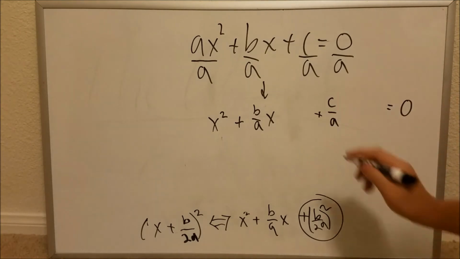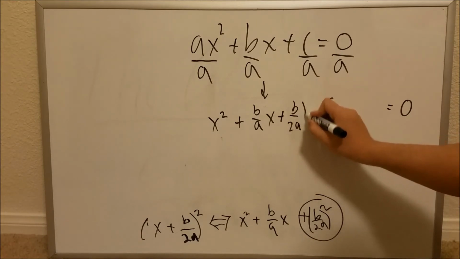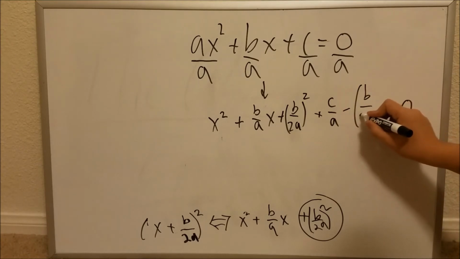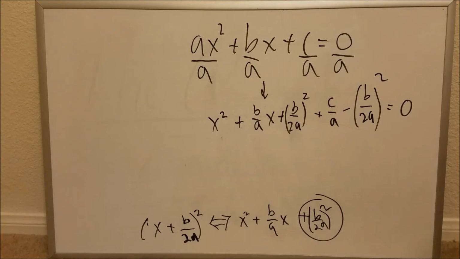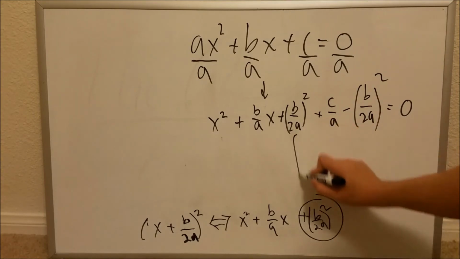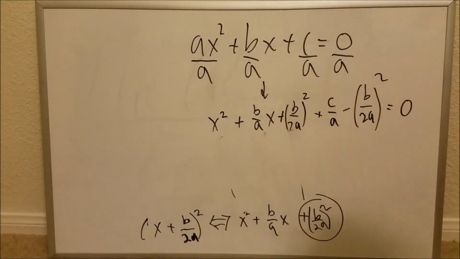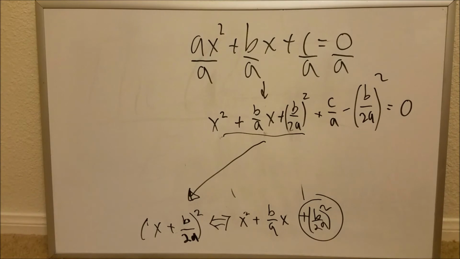So let's do that. If we add b over 2a squared and we subtract b over 2a squared, we essentially added nothing. We haven't changed the function. Now this matches one to one. Therefore, we could replace this whole thing with this short version instead. Let's do that.